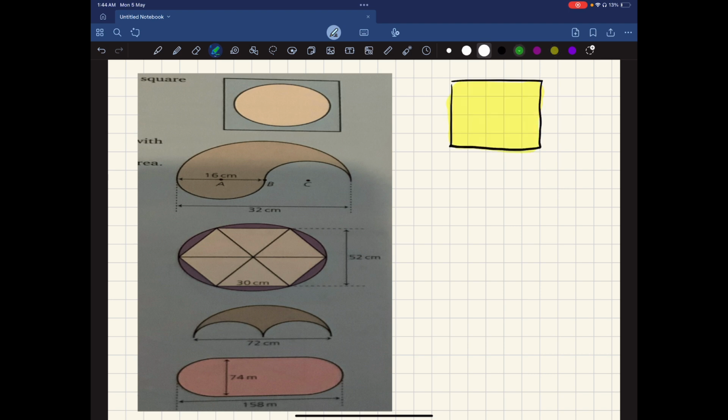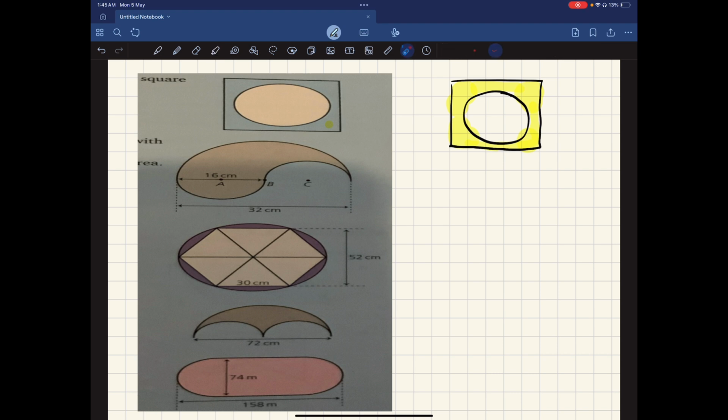And then you're going to calculate the area of the square, circle inside, and then you're going to subtract that area. So I'm going to erase the area that we are going to subtract, okay? So this is what we're going to subtract. And what are we going to be left with? This area, which is blue in the question.